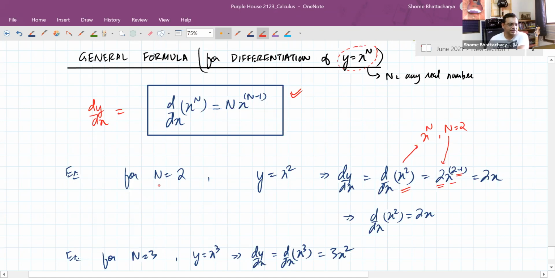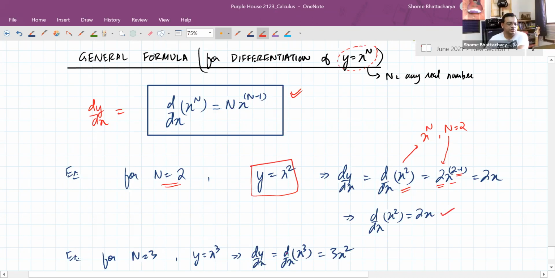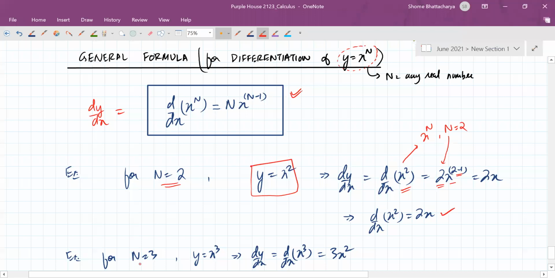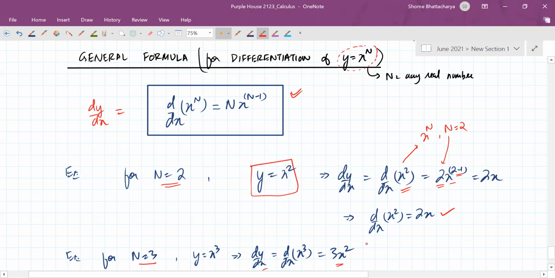So for example, if I take n equal to 2, the function is y is equal to x square. According to this formula, dy by dx should be 2x. Similarly, if I take n equal to 3, the function is y is equal to x cube, then dy by dx according to the formula should be 3x square. Okay, is this point clear, beta? Yes, okay, thank you.